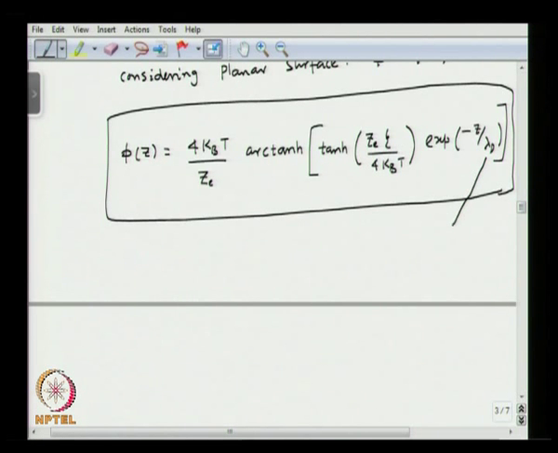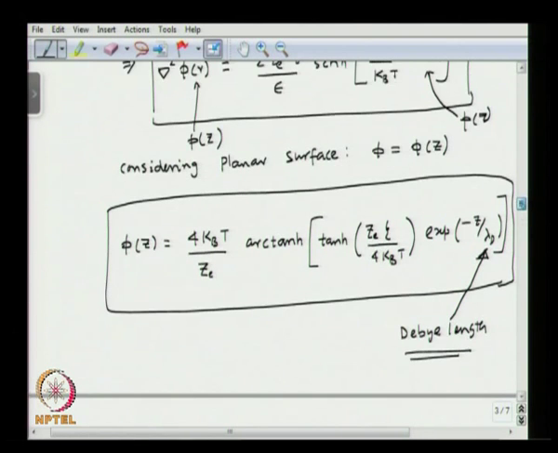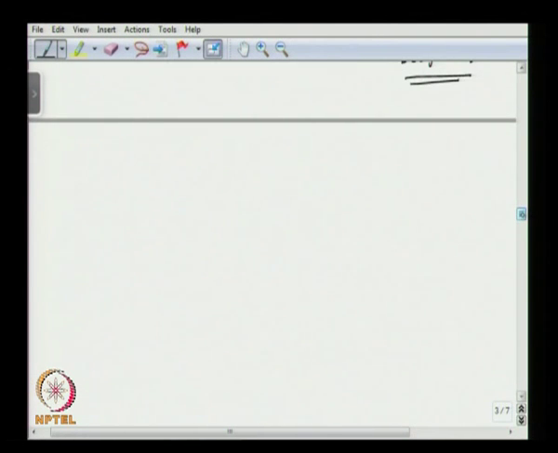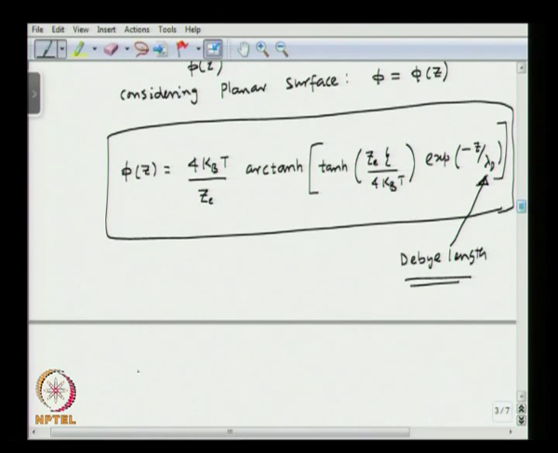Now we have introduced one parameter here, lambda d, which we call the Debye length. Lambda d is defined as the square root of epsilon into Boltzmann constant and temperature divided by 2 into charge square into C0, that is the ionic concentration or ionic density in the bulk.